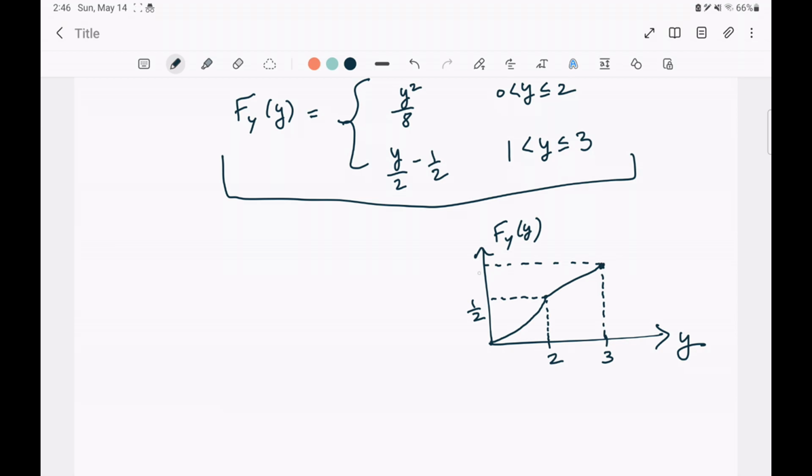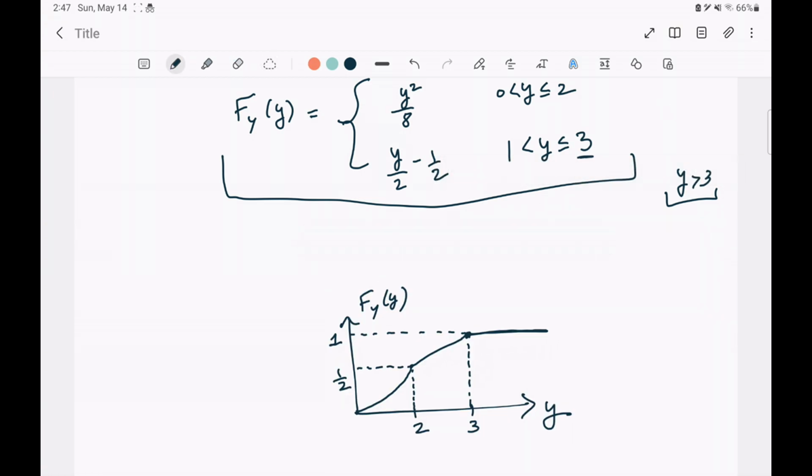And this value would be 1, as if you plug in the value 3 here, it would be 3 by 2 minus half, which is 1. And for all other values of y greater than 3, it will take the value of 1. It is pretty straightforward here. So this is what the cumulative distribution function of y looks like.